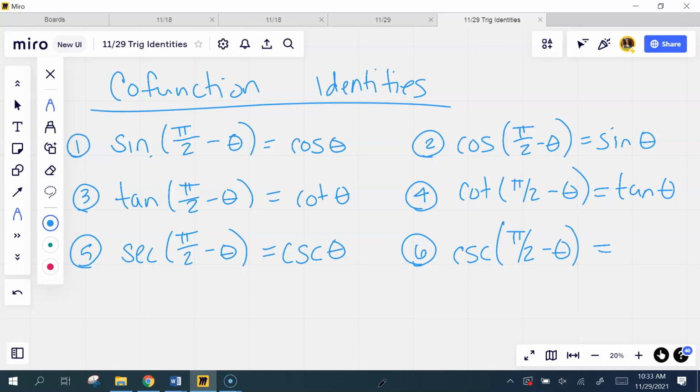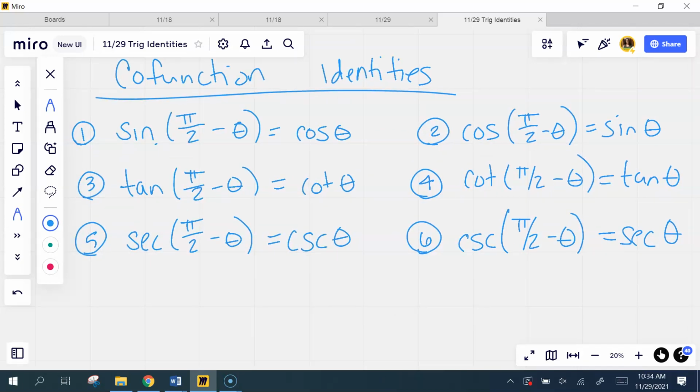What do you think that one's going to equal? Secant. Last 6. They're the easiest.